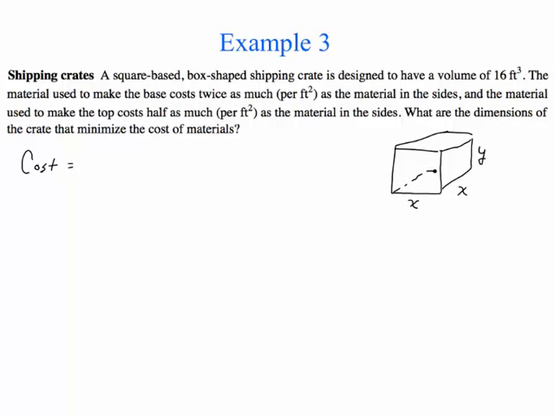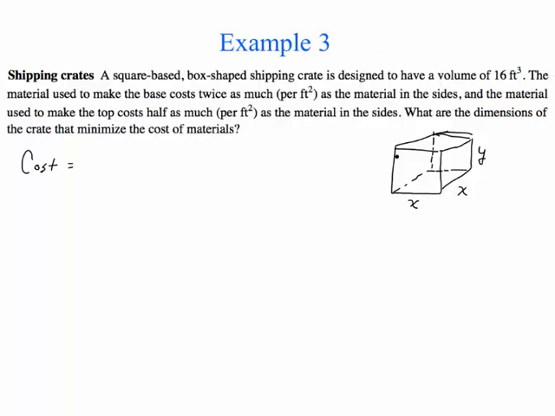So you get 16 feet cubed. How do you get cost from cost per square foot? Let's just get the cost of the base, or the cost of one side. If I set my dimensions up this way, what will the cost of one side be?